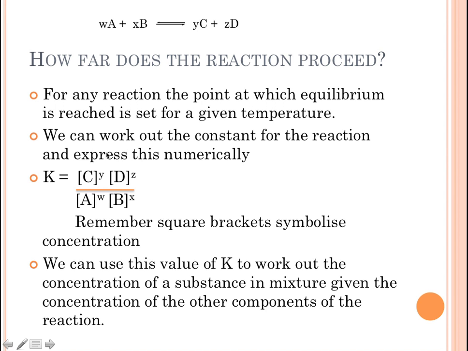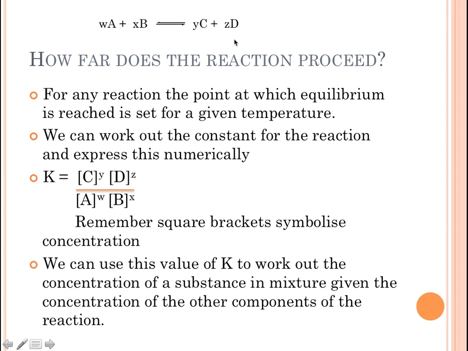So this here is called an equilibrium expression. K is equal to the concentration of each of the products to the power of its coefficient. So if this was a 3, then it would be concentration of C cubed. If it was a 2, it would be concentration of C squared. If it was a 1, it would just be concentration of C.